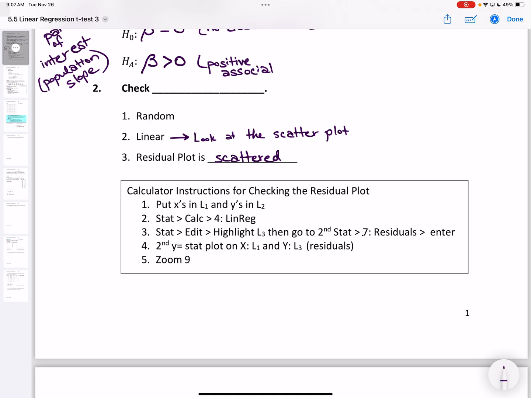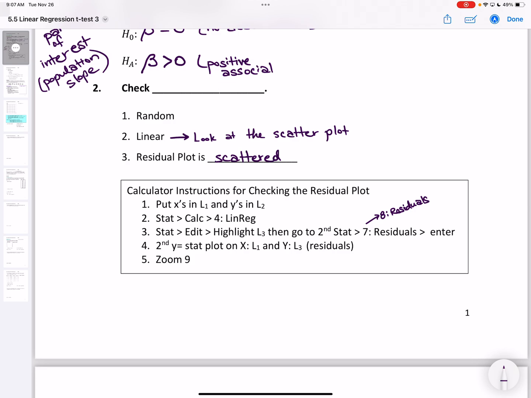But I will tell you, on one of the calculators I've been using, it's actually option 8. I don't have any idea why, okay? So just look for residuals. Then go down and highlight that option and click enter. Then it's going to say above L3, it'll say residuals, and just press enter again. And it'll put the residuals in your L3 column.